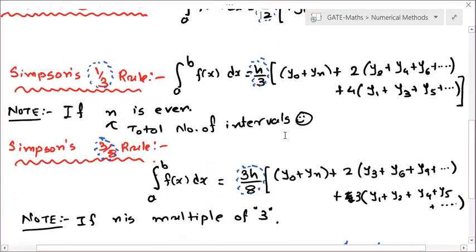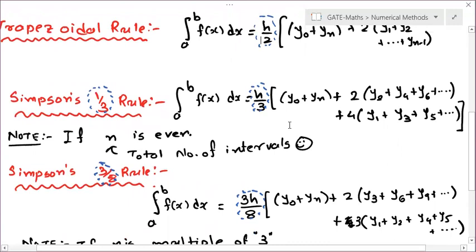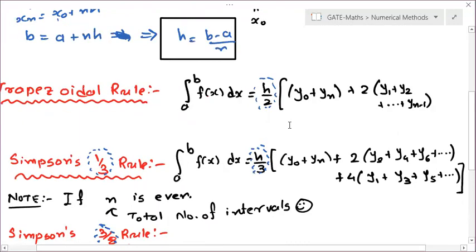In all the cases, whether trapezoidal, Simpson's 1/3 or Simpson's 3/8, first plus last is common, that is y0 plus yn. For trapezoidal, you have to remember 2 times remaining.